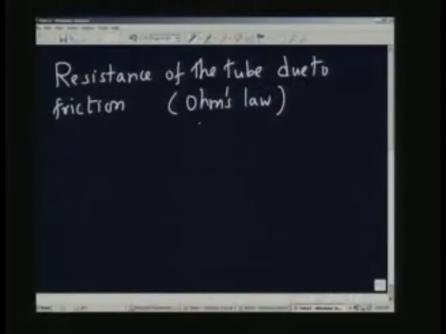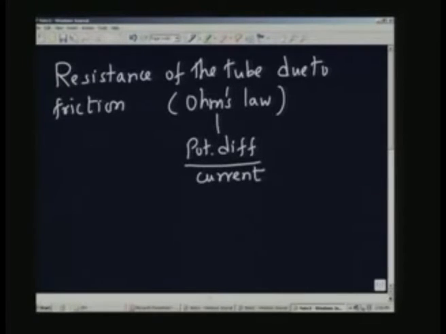So, we will say that the resistance is potential difference divided by current. So, this is in electricity. In fluid flow problem, the potential difference is pressure drop, and current will be mass flow rate. Actually, current is also a rate. It tells us how many charges per second are flowing through the conductor.